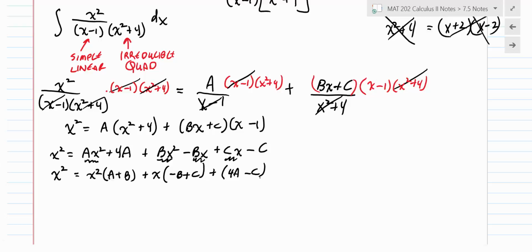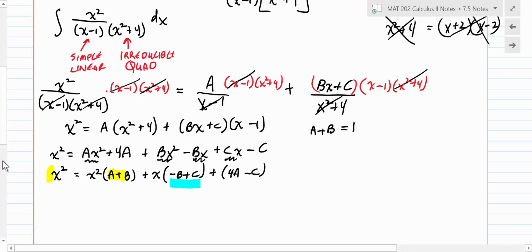Okay. Now let's put our system together and get to our integral on here. Okay, so in this particular problem, tell me what a plus b has to be equal to. 1, right? It matches that coefficient. So you're going to have a plus b is equal to 1. Okay? How about negative b plus c?